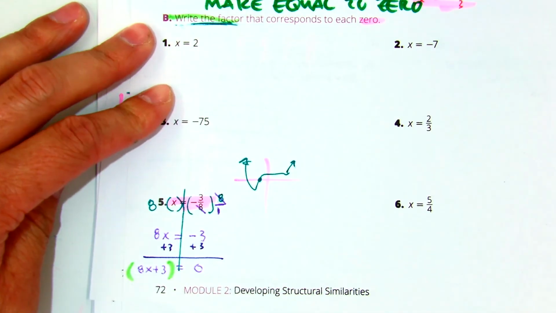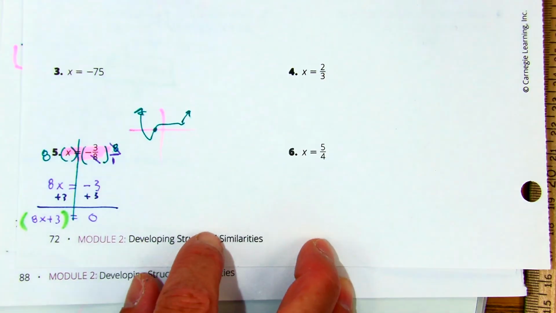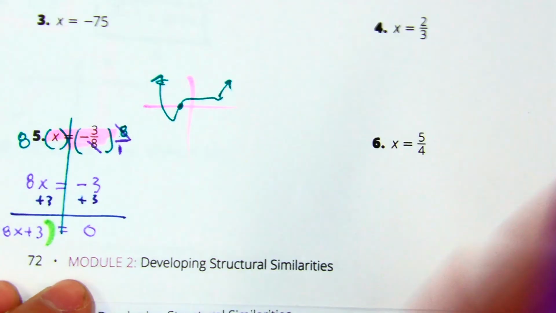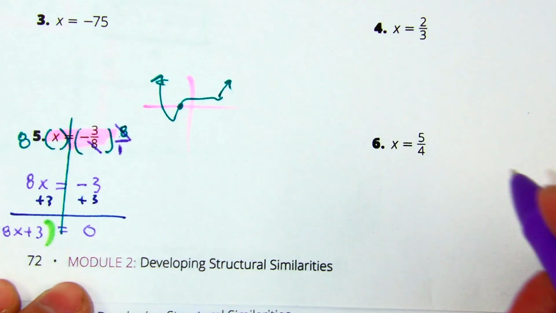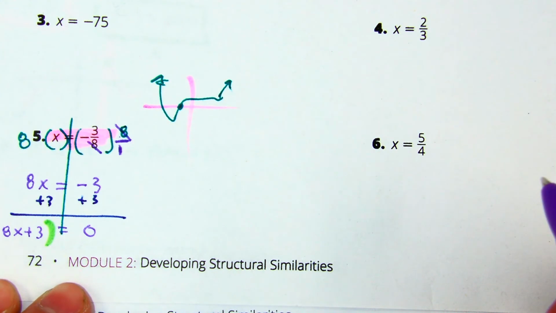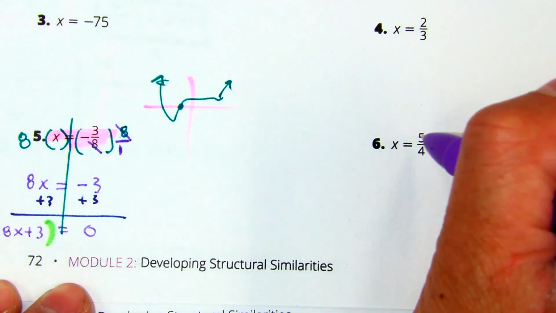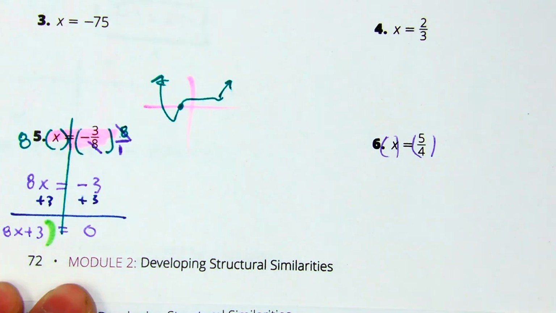Let's do question number 6. Partner A, tell partner B, what's the first thing you're going to do? Question number 6. Tell your partner, what do you do first? Show me with your fingers what number we're going to multiply both sides by. 4.